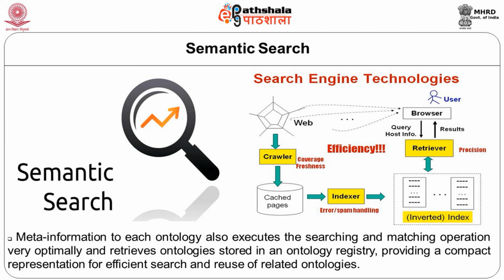This disambiguation is done depending on which ontology the semantic search is going to use. This is where semantic search is completely different from the basic search engines that do not use such semantics. And of course, because of the effort involved, it is giving much more precise results than the common search engines.